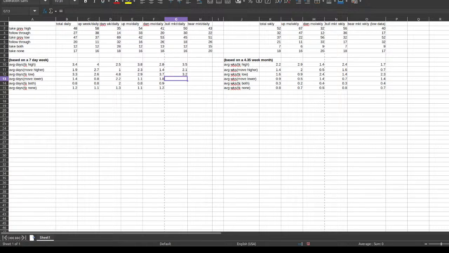Okay. And it's going to be 18, 1.3. 12, 0.8. 0.8 or 0.9? Call it 0.9.